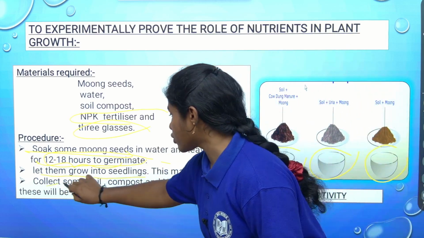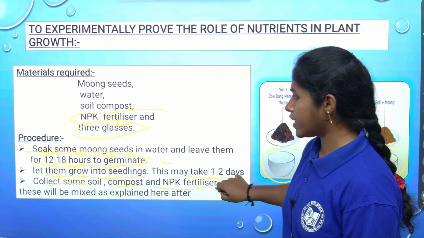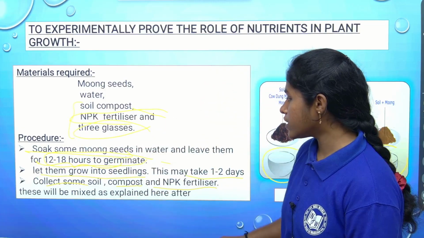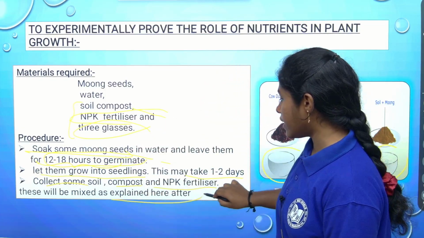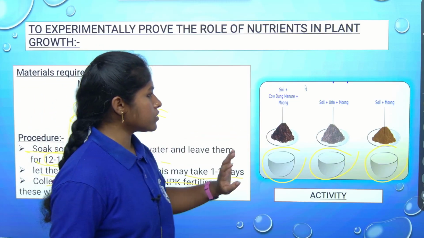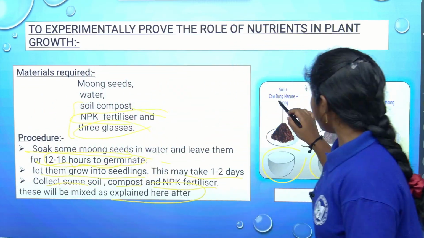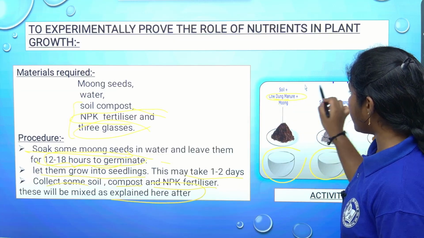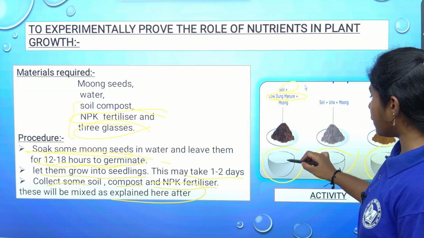I collected some soil, compost and NPK fertilizers. These are the materials required. Right children? This will be mixed as explained after. So this is how we took them, and we have to mix them after. See, soil plus seeds and manure with soil, I kept in 1 pot.